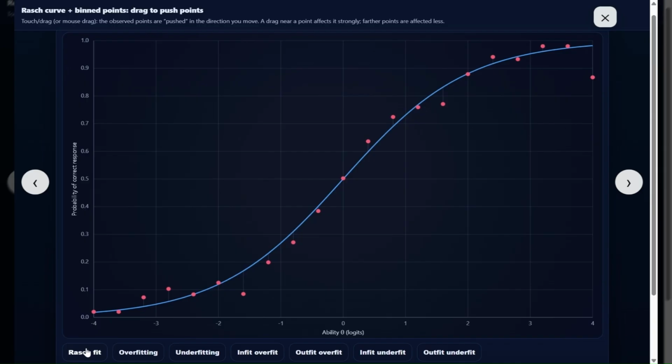So the outfit and the underfit, these are actually usually calculated by different formulas. Usually the outfit is the average of the standardized residuals. So this average is affected by the outliers. So that's why it's affected by the periphery, the outfit. While the infit is different.